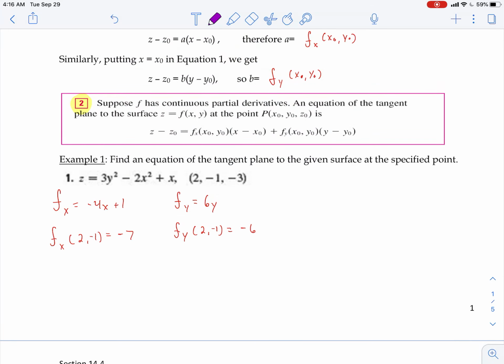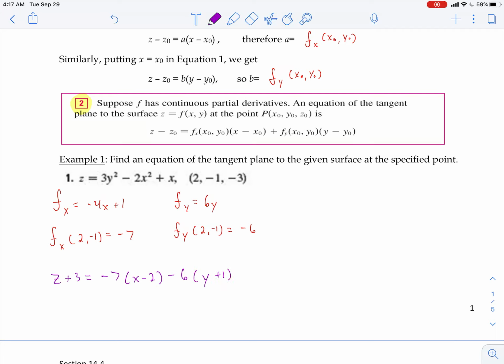Now, using our above equation, we can go ahead and substitute in to find our tangent plane. So we're going to have z minus z sub 0, which is -3, so it's going to be plus 3, is equal to our partial derivative with respect to x at our initial point, which we found to be -7, times x minus x sub 0, which is 2, plus our partial derivative with respect to y at our point, which we found to be -6.